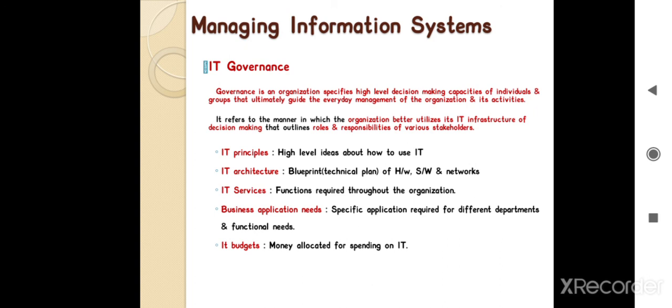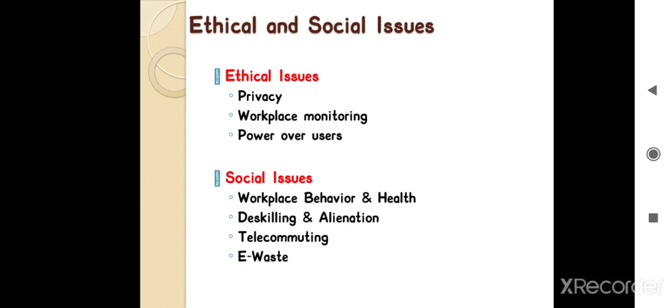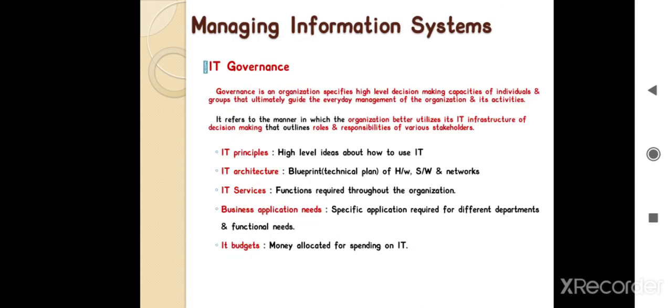It is the most important, which is the money allocated for spending on IT. Suppose I am going to have a profit by making use of this IT infrastructure, at that time I can make a particular budget yearly, an annual budget, for allocating the money for handling this IT infrastructure. So here is the end of point 1 from the unit number.